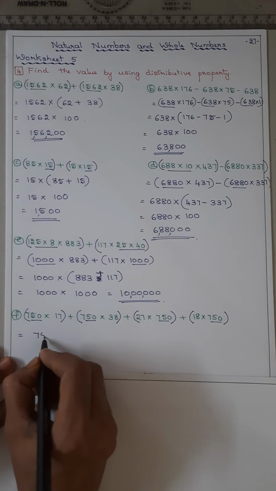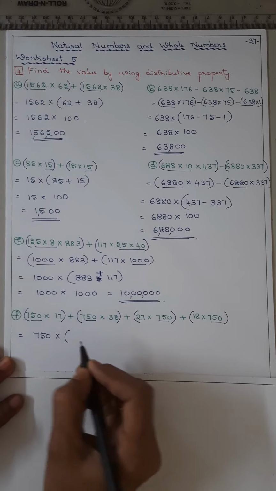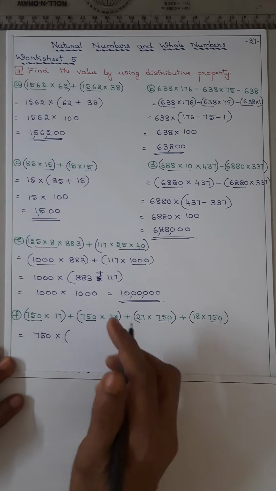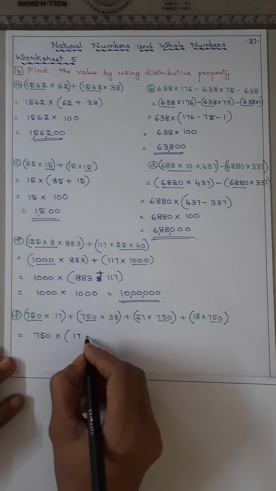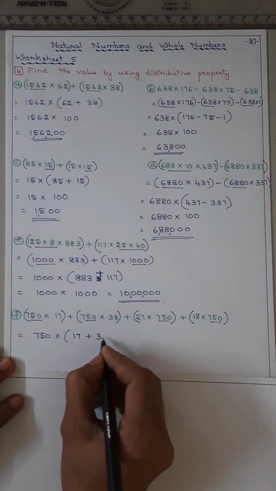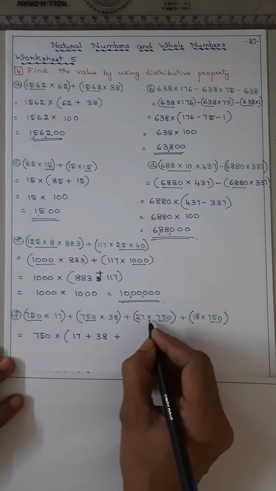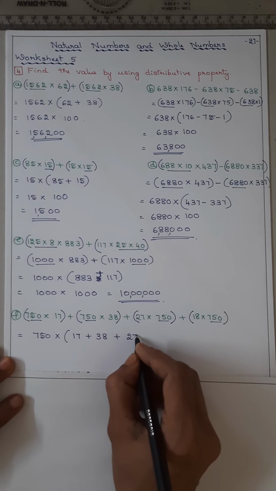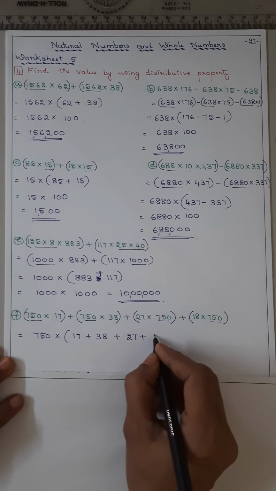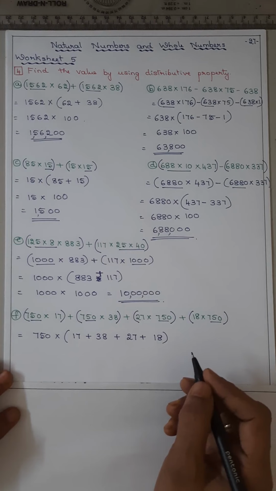So write 750 into what's remaining? 17 plus 38 plus 27 plus 18.